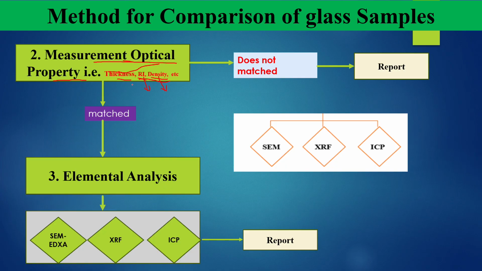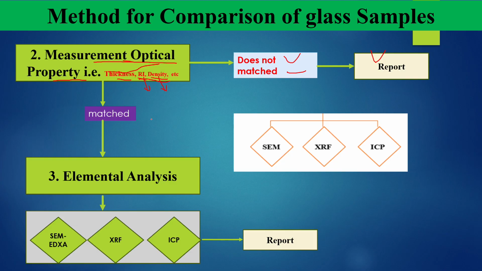If these properties do not match, you can report that the questioned sample and the control sample do not come from the same source, or that questioned sample A is not part of control sample S.